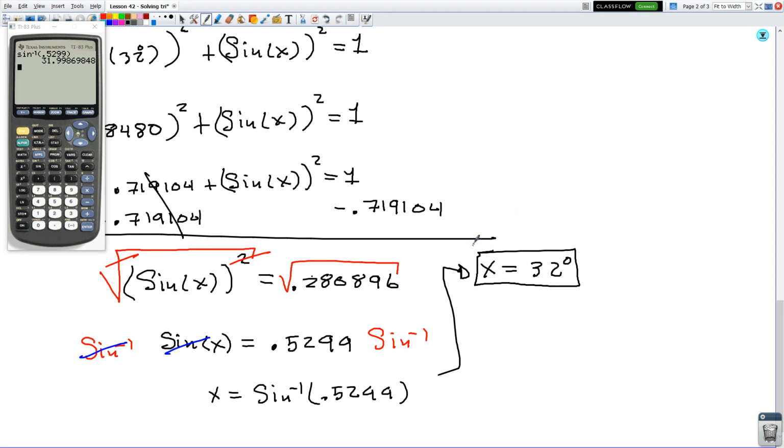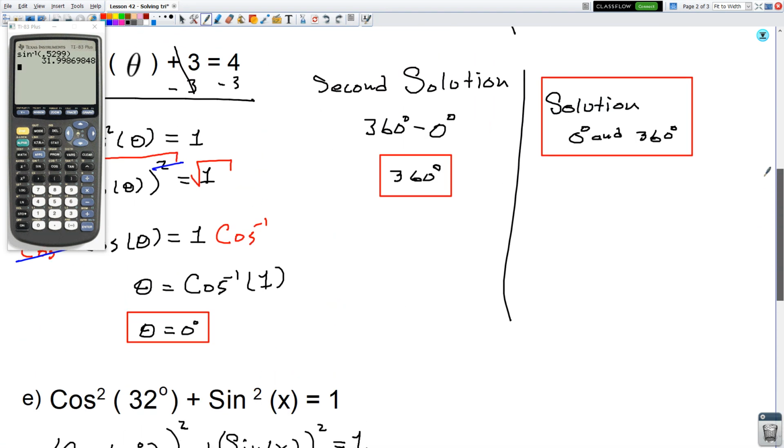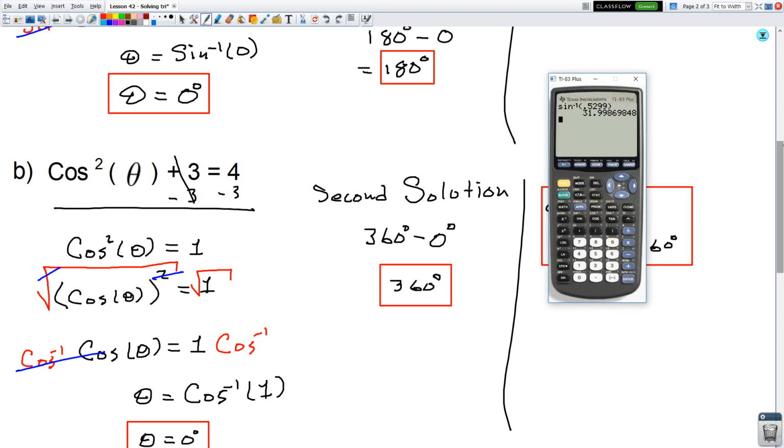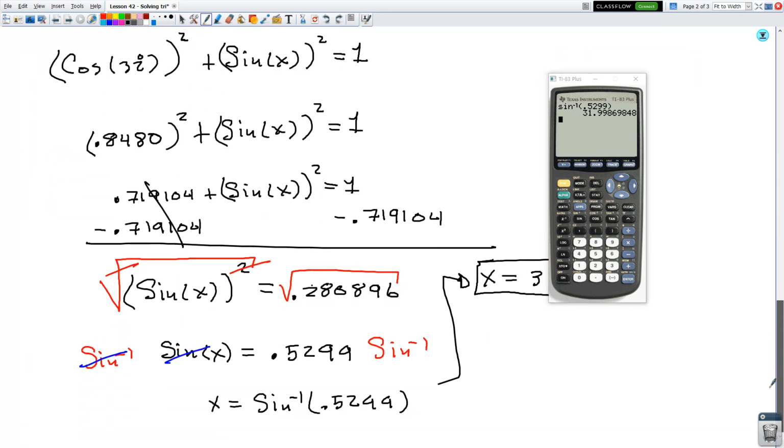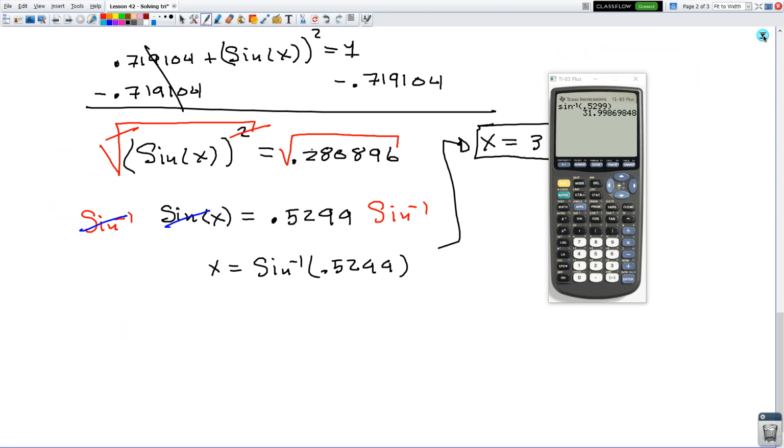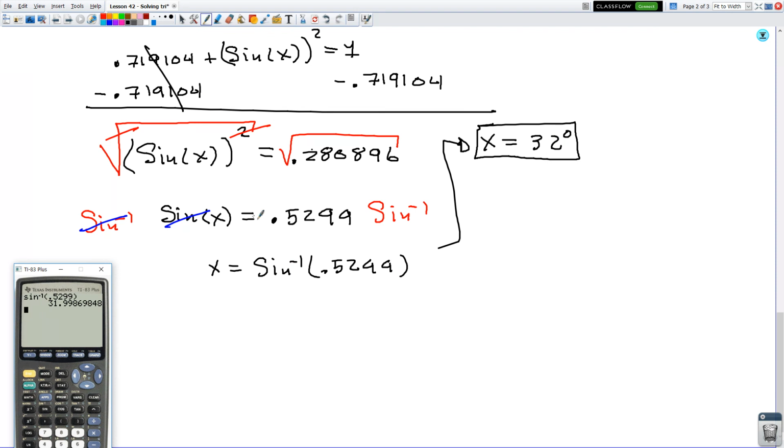So now we have to find the second solution. But notice here that we're talking about a sine function. And if we remember, if we go all the way to the top here, when it comes to the sine function, the second solution is 180 minus the first. So the second solution is going to be 180 minus the first solution, but we know that the first solution is 32 degrees.